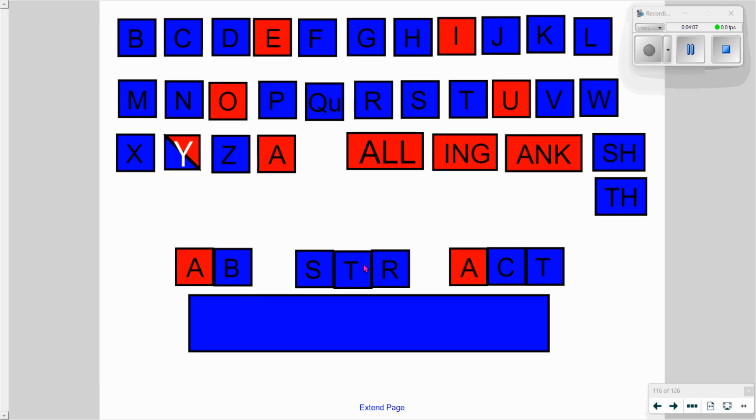I'm going to put 1 there, and then I'm going to take these 3, and all together I'm going to move them to this side. So this word splits as ab and stract. Abstract is this word. Okay, so again, that's a 1-3 split. So if you have 4 letters in between the 2 vowels, you're going to do a 1-3 split.